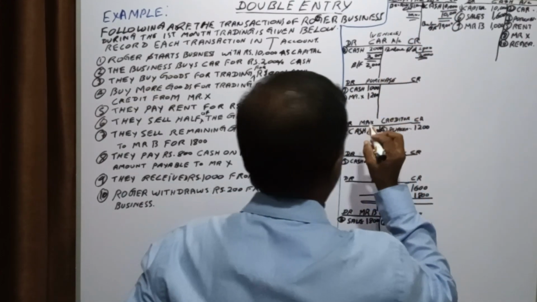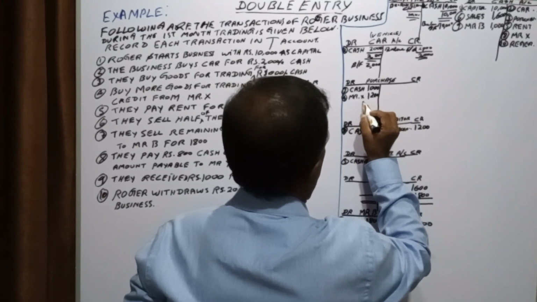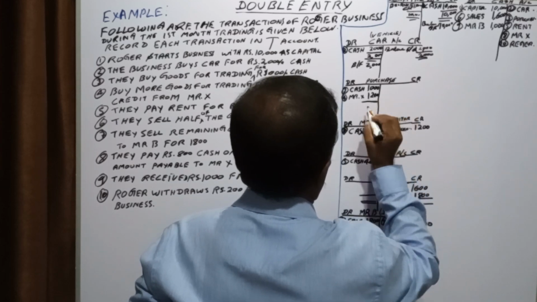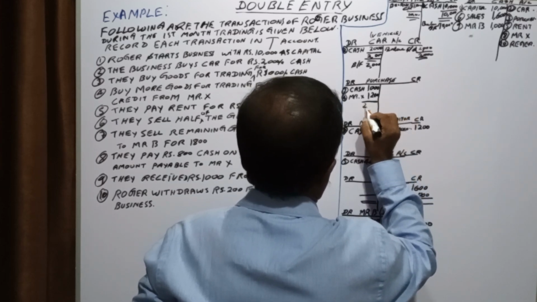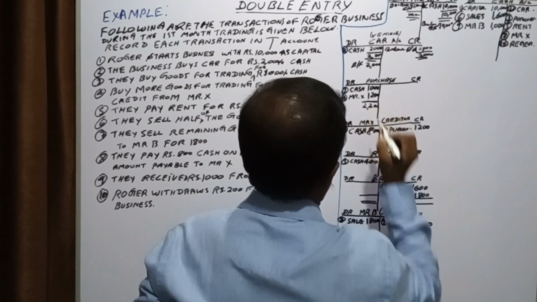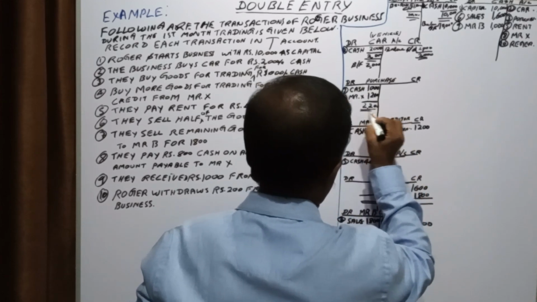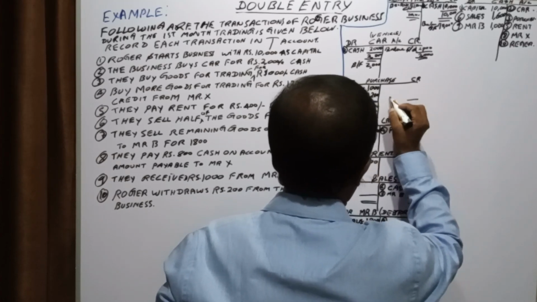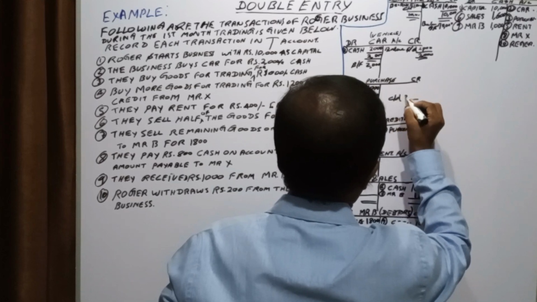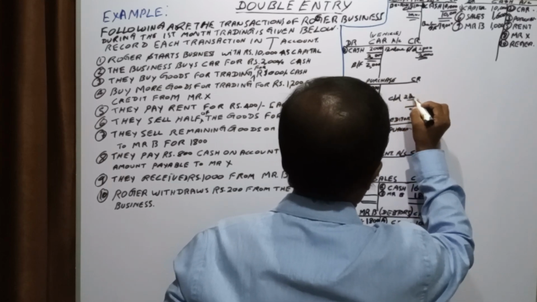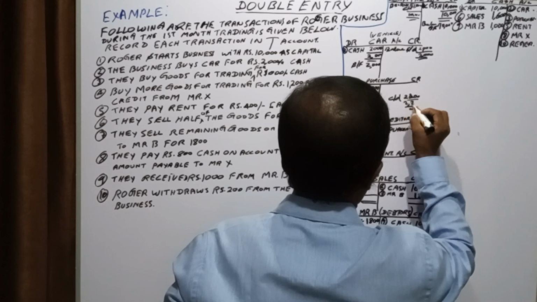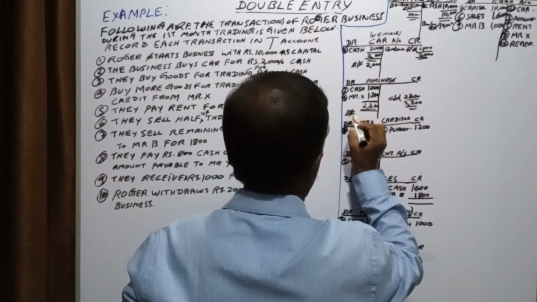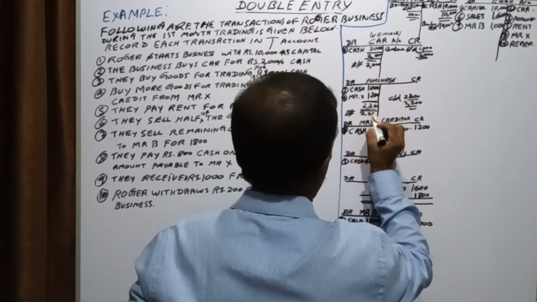Here also purchases, 2,200. Balance carried down is 2,200, and here balance brought forward is 2,200.